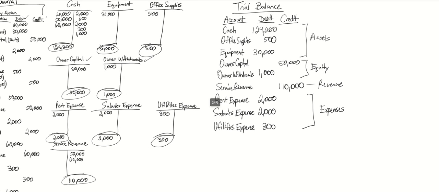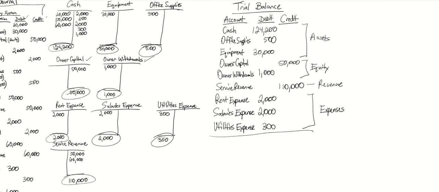Okay. So before I move on, I'm going to check what the sum of the debit column is, and also whether the debit and credit columns agree with each other, if they hold hands. All right, so let's see: $124,200 plus 500 plus 30,000 plus 1,000 plus 2,000, another 2,000, plus 300.